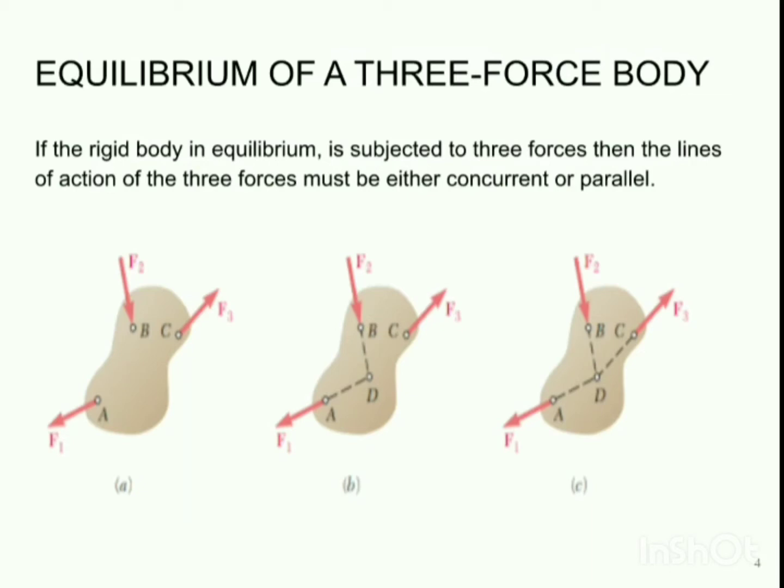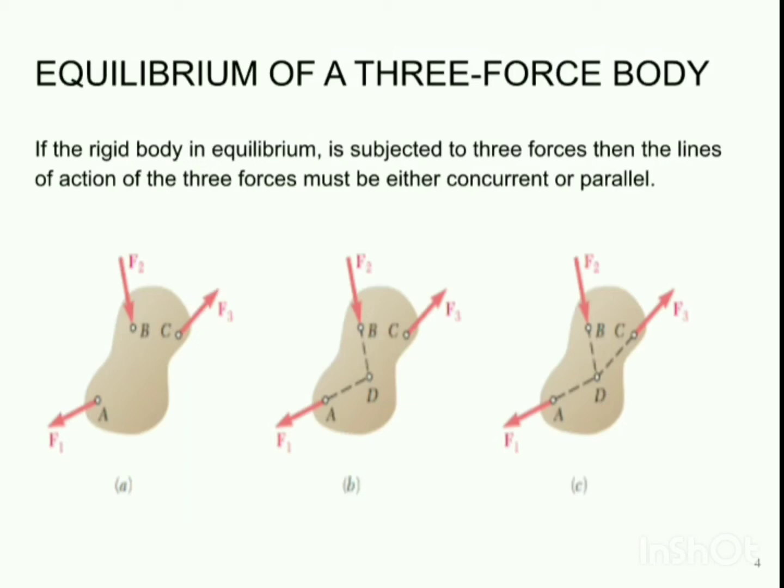Forces F1 and F2 intersect at point D. So we can find out the moment of all the forces about point D. As F1 and F2 forces both are passing through point D, their moment about D has to be 0. And obviously if we calculate the moment of F3 force about point D, that also must be 0.